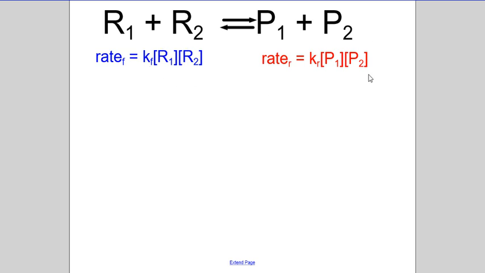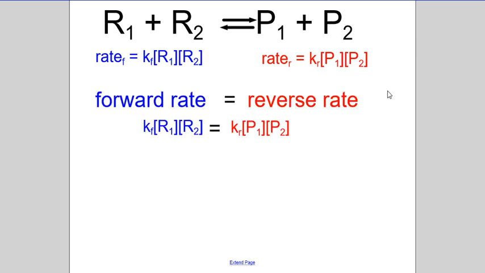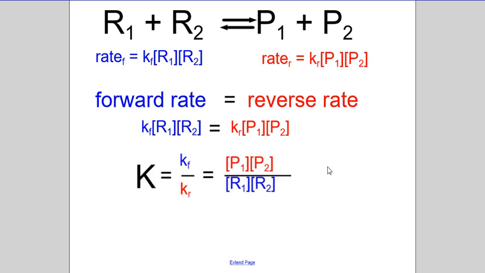The rate in the reverse direction is a different k times the product concentrations. So we can put the two rates equal to each other: forward rate equals reverse rate. And that gives us this equilibrium expression. So big K equals the rate constant forward over the rate constant in reverse, or products over reactants.